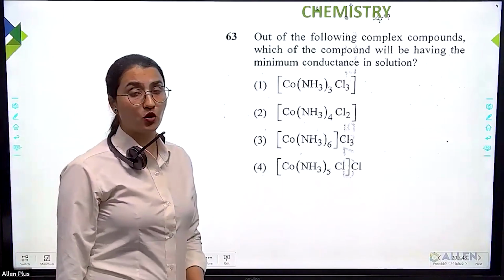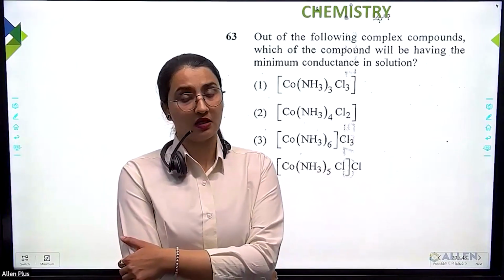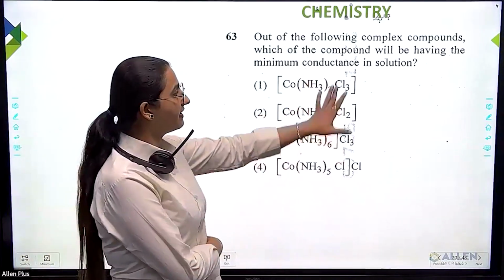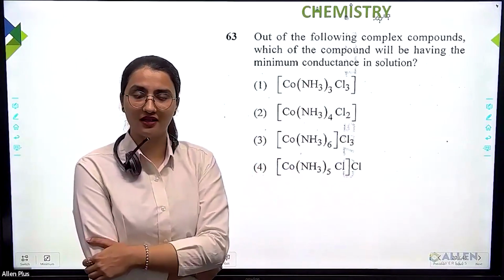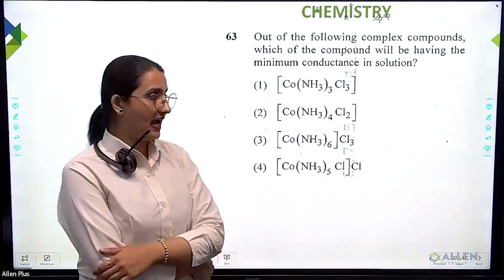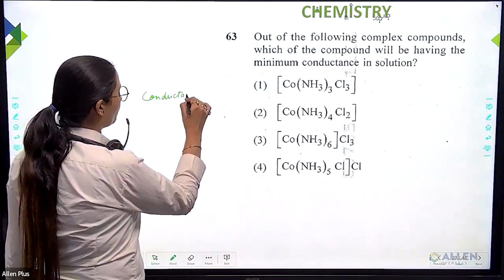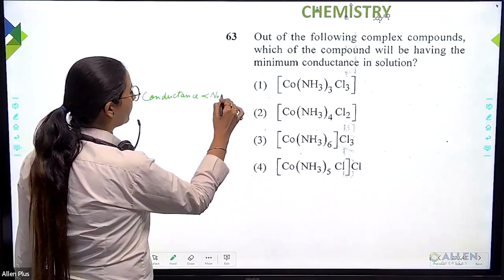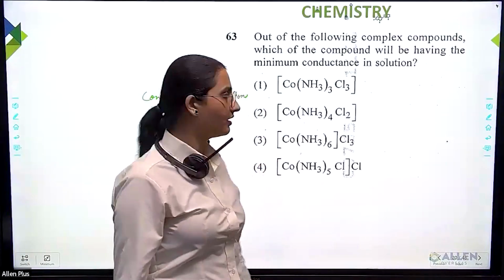Next, it's again from coordination. I think most students got confused in this question. Students, see, options 1 and 2 don't have ions. So remove them. They are out of the picture. They can't conduct. And we know conductance is directly proportional to the number of ions in the medium, right?